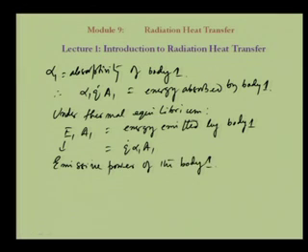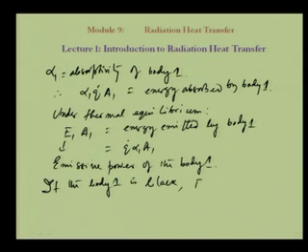Now, if body 1 is black, then EB1 will be equal to q dot, because then alpha 1 will be equal to 1.0 and the area cancels.